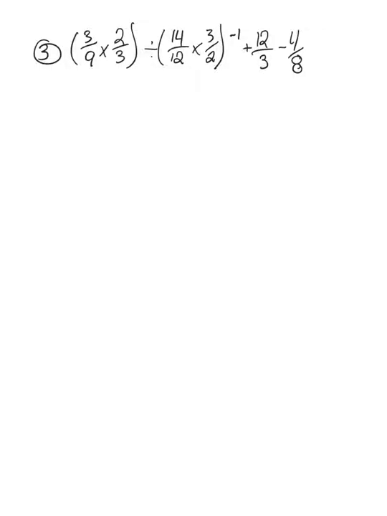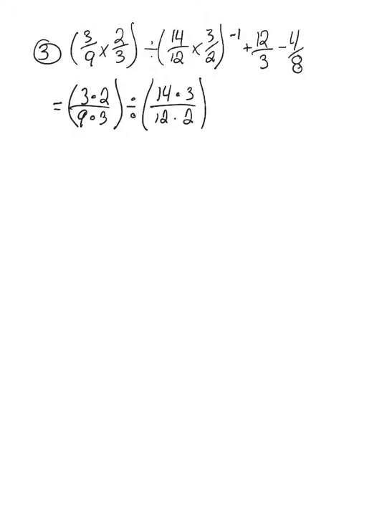In this video, we are going to look at finding the common fractions that are easily reducible before you do all of the algebra. So we can rewrite this as 3 times 2 over 9 times 3 divided by 14 times 3 over 12 times 2 to the negative 1 plus 12 thirds minus 4 eighths.